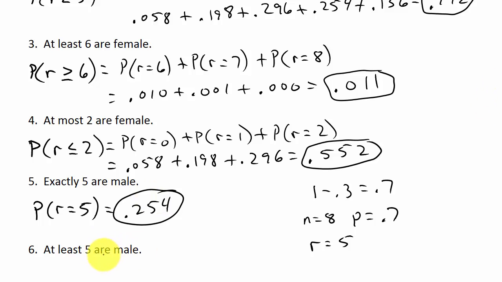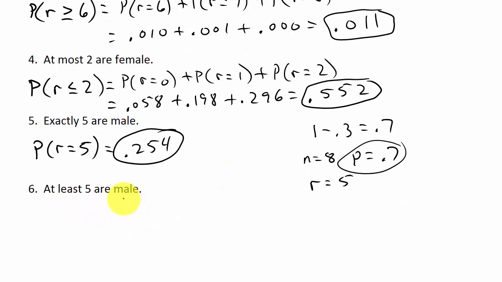All right, and I do have one more, but I'm not going to do this one. The main thing with this for the male, I just wanted to show you how the P changes. Everything else is the same. At least 5 are male, so that means 5 or 6 or 7 or 8. So the probability R is at least 5, that's R is greater than or equal to 5.